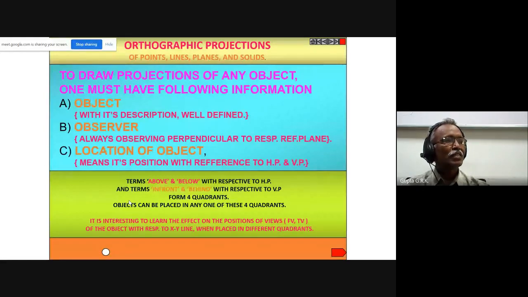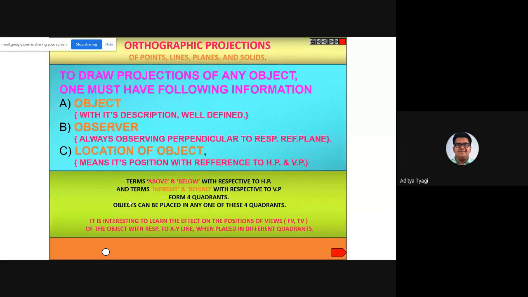It is interesting to learn the effect on the position of the front view and top view of the object with respect to the XY line when placed in different quadrants. If it is placed in the first quadrant, where are the front view and top view? Okay, tell me quickly. Front view above XY, top view below XY.